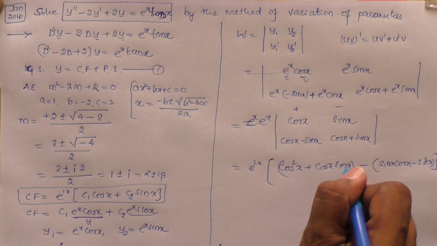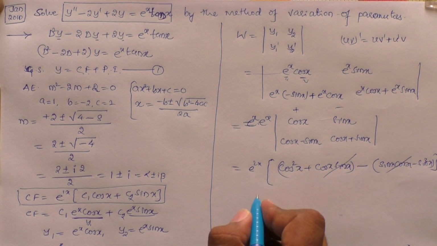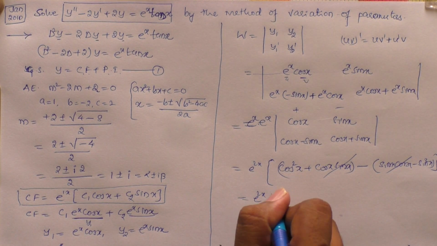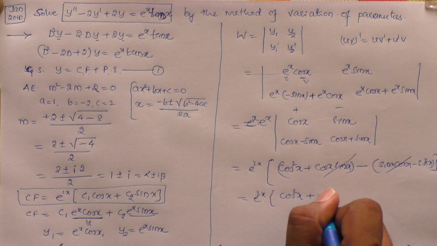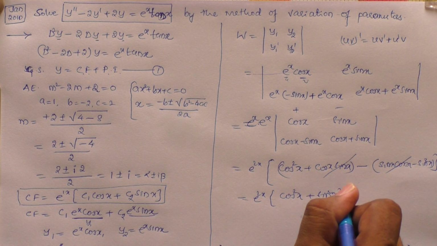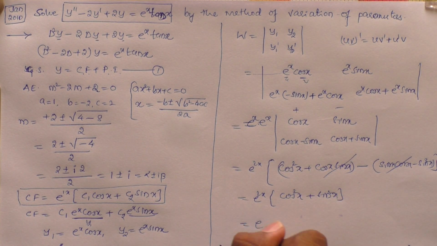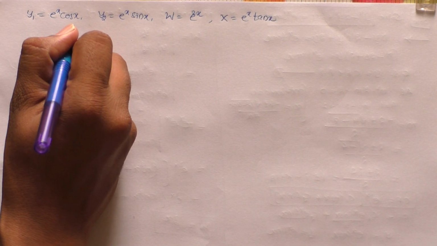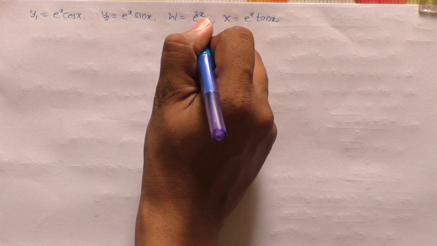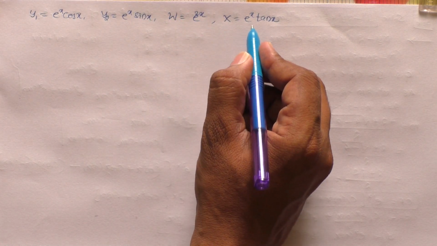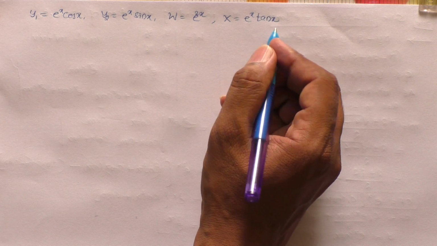Here cos x sin x minus sin x cos x cancels, so e raised to 2x into cos square x, minus of minus, plus sin square x. So cos square plus sin square is 1, so we get W equal to e raised to 2x. We have y1 equal to e raised to x cos x, y2 equal to e raised to x sin x, W equal to e raised to 2x, and capital X equal to e raised to x tan x.